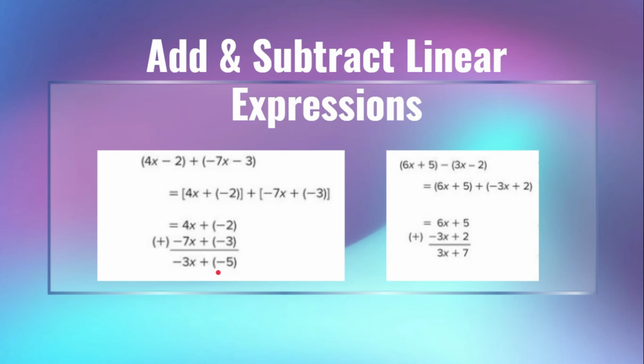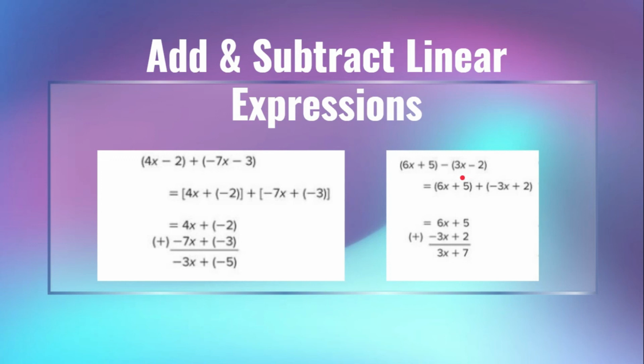Look at the second example. The first one represented an addition. The second one represents a subtraction. So we've got 6x plus 5 minus 3x minus 2. The first expression represents the minuend, or the quantity from which the second expression is subtracted.